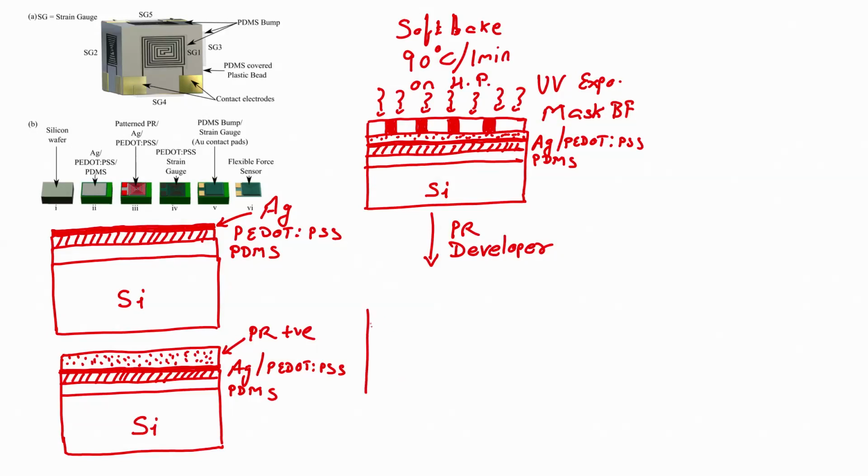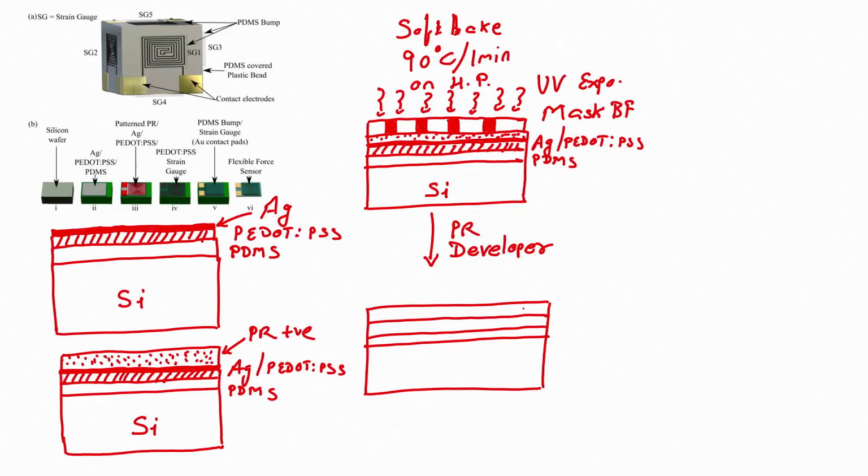So, when you dip the wafer in Photoresist Developer, what do you get? You have PDMS, then you have PEDOT:PSS, right, on which you have photoresist.